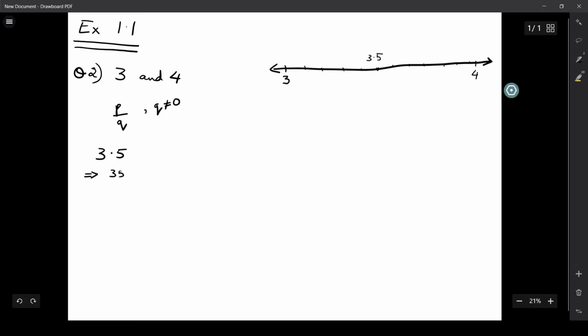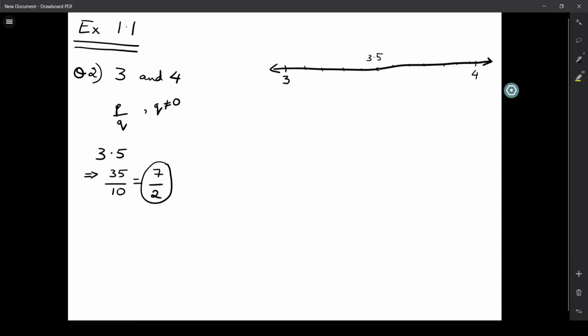I can write 3.5 as 35 by 10 and then simplify it, divide 5 in the numerator as well as the denominator, and I get 7 by 2, which is nothing but 3.5 in its fractional form. This is in the form p by q, and q is not equal to 0, so this is our first number out here.